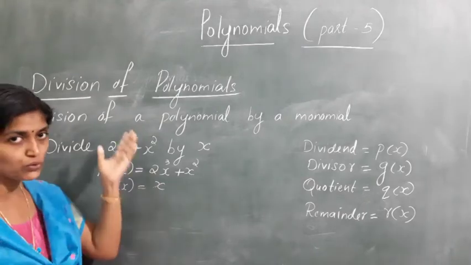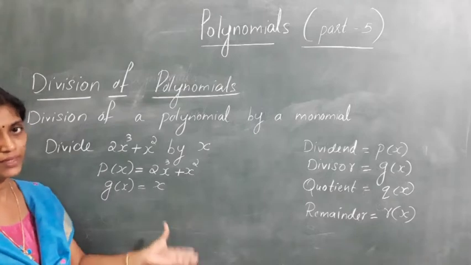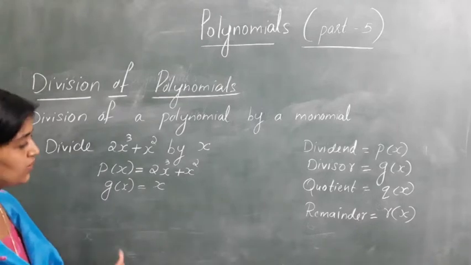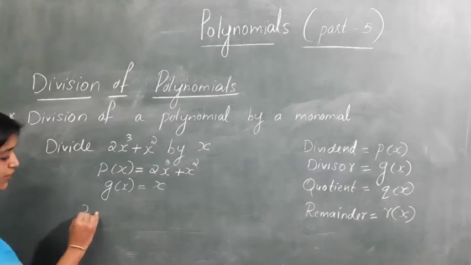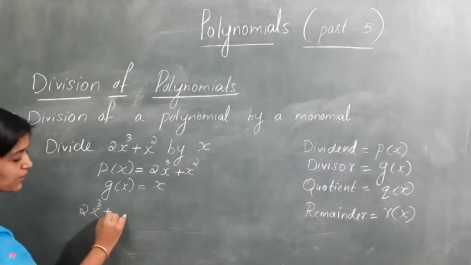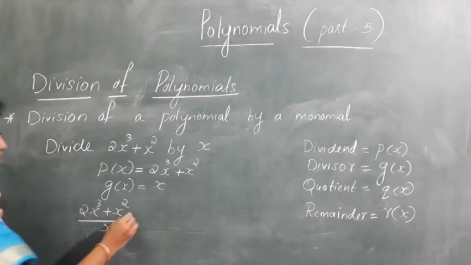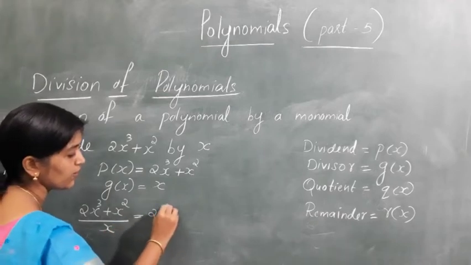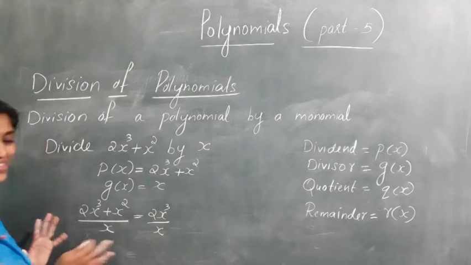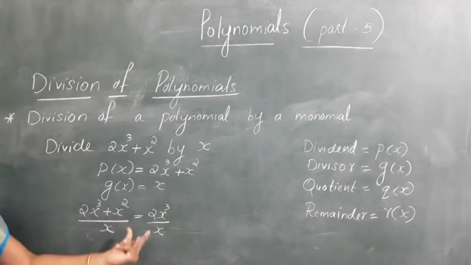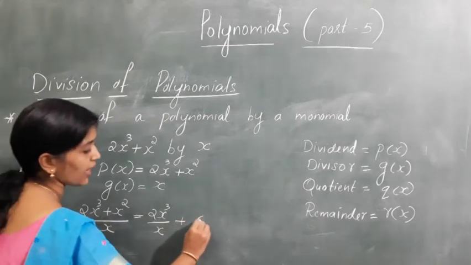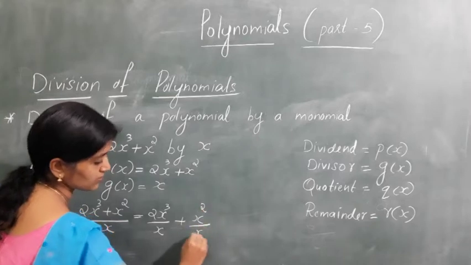I told you we are not doing the usual way of division here. What we have to do is divide 2x cubed plus x squared by x. So we write it, distributing the division: 2x cubed by x plus x squared by x.